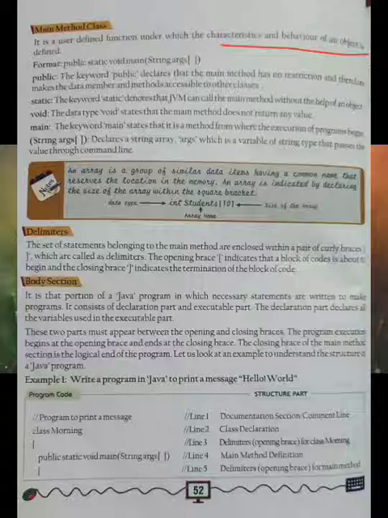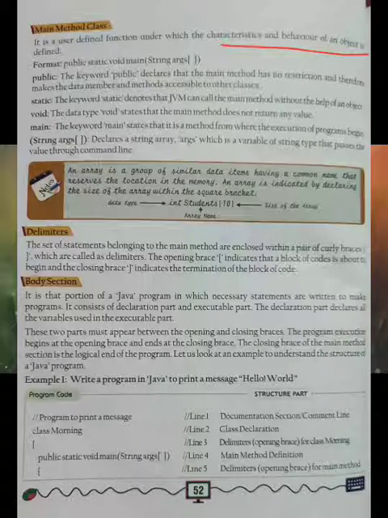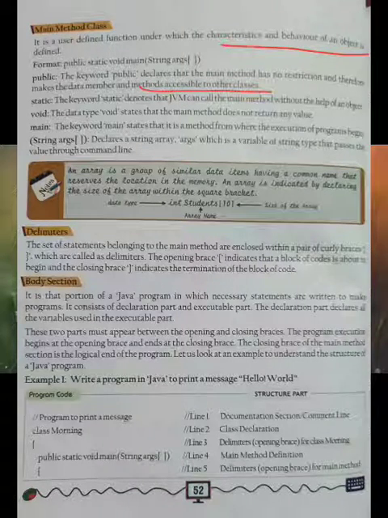Public: the keyword public declares that the main method has no restriction and therefore makes the data members and methods accessible to other classes. That's why we are using the word public.